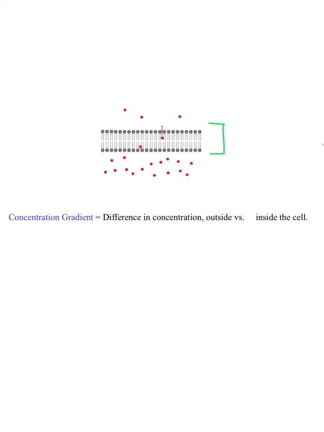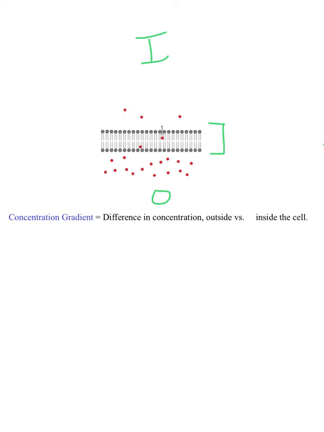But let's just look at the phospholipid layer here. The small red dots might be things like a solute molecule we're looking at. And if we looked at this as the inside of the cell and this as the outside of the cell, note that the outside of the cell right now has more of these solute particles than the inside.